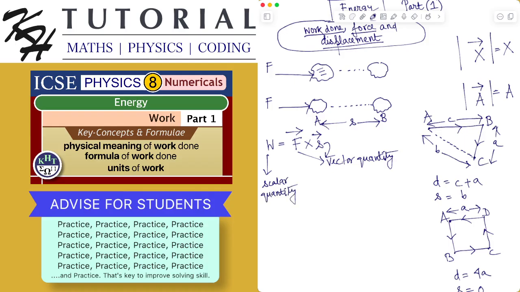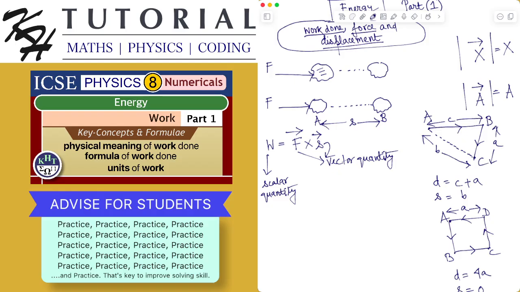So what is the magnitude of the work done? Work done is the magnitude of the force multiplied by the displacement of the body on which it is applied in the direction of the force.